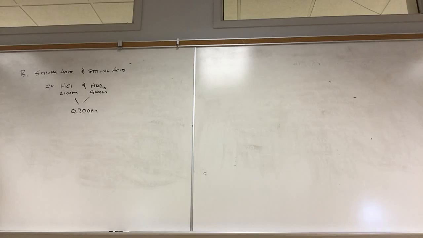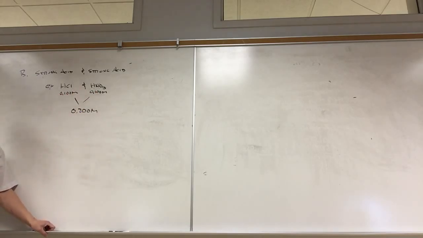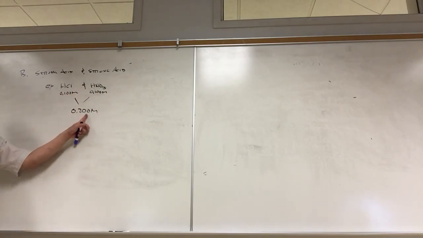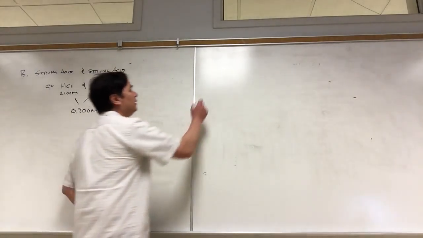So strong acid, no problem. We could calculate the pH quite easily, as both of these are one-way reactions, both Kas are very large. Do we have to worry about Kw? The most Kw is going to give you is 10 to the minus 7, 10 to the minus 8, 10 to the minus 9. It's going to have no impact on this. And so strong acid is easy.